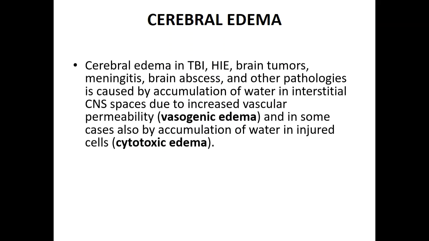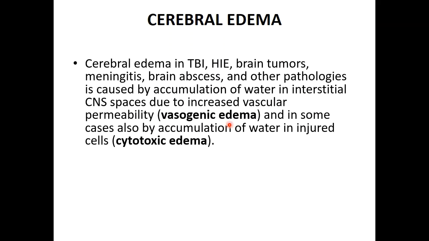Now coming to cerebral edema, why does that develop? Cerebral edema in a traumatic brain injury, hypoxic ischemic encephalopathy, or for that matter brain tumors, meningitis, brain abscess and other pathologies is particularly caused by the accumulation of water in the interstitial CNS spaces due to increased vascular permeability. When we are talking about that, we must remember the blood-brain barrier, right?